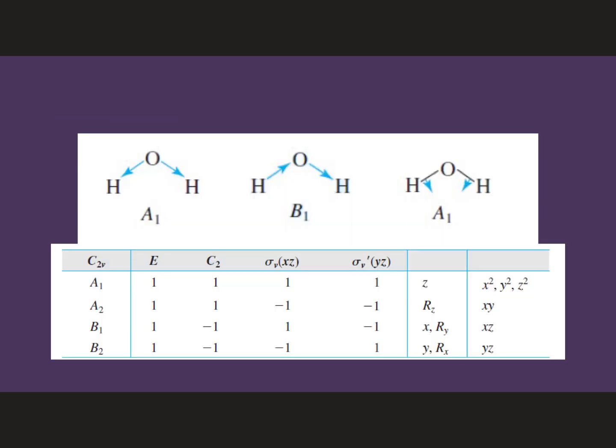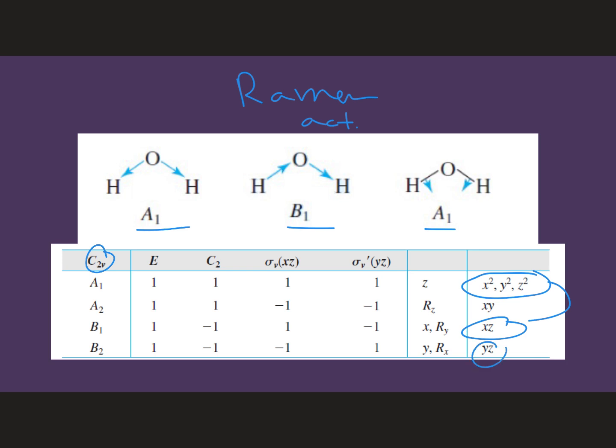So if we were to look here in the water, A1, B1, A1, so here is A1 and here is B1. Note they both have these features here, so all three are Raman active modes. In C2V symmetry, we could also note that the B2 and the A2 also have these components here, so all these modes in a C2V molecule, all of them are Raman active.